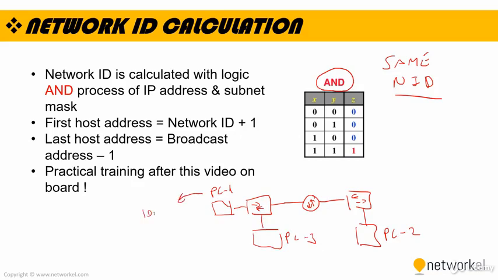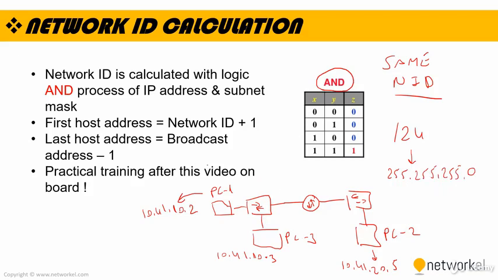Let's say that we have an IP address of 2 and this is, and let's say that this is 5. And let's say that we have all the same subnet mask, which means 255.255.255.0.